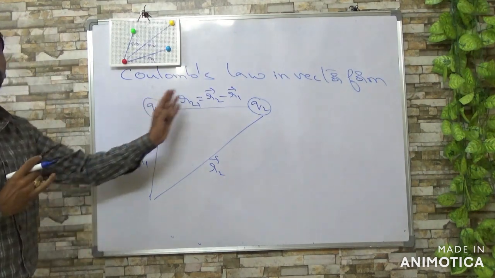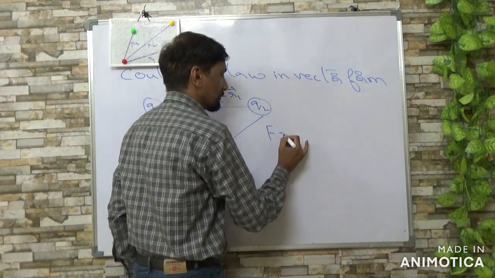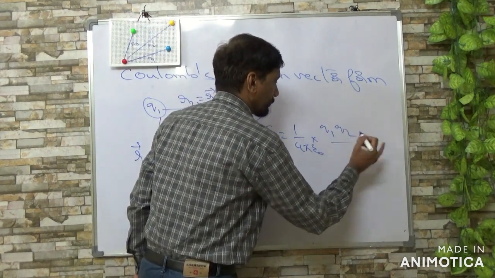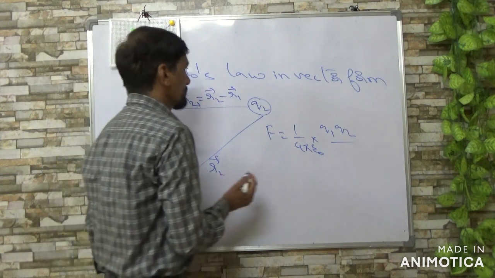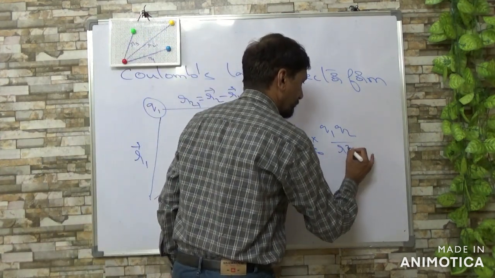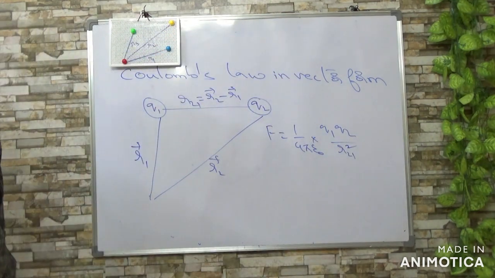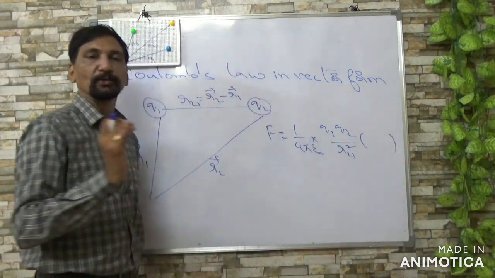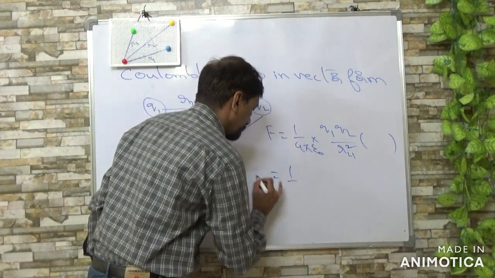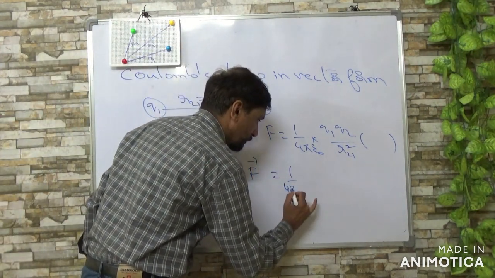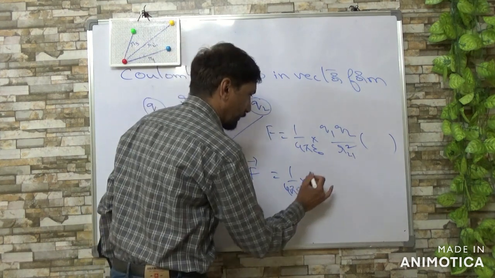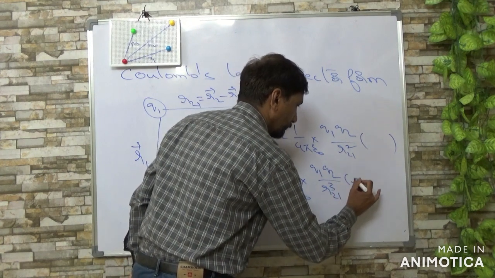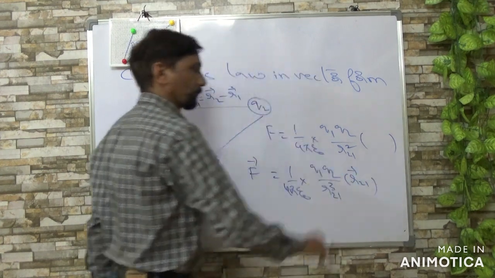How do you find the force between two point charges? You know it is 1 by 4 pi epsilon naught, q1 q2 by the distance of separation r21 whole square. If you want to write it in vector form, it is taken with a unit vector. So F bar is equal to 1 by 4 pi epsilon naught, q1 q2 by r21 cube, into r21 bar.